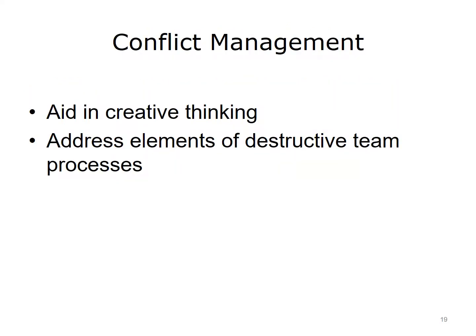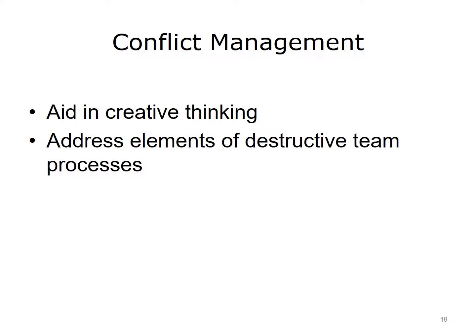Another element of team characteristics under team processes is that of conflict management. We've already highlighted the value of teams in terms of providing optimal solutions, and they do that partially by being able to generate creative thoughts. Creative thinking is hyped by diverse opinions, but those same diverse opinions can sometimes cause destructive team processes.